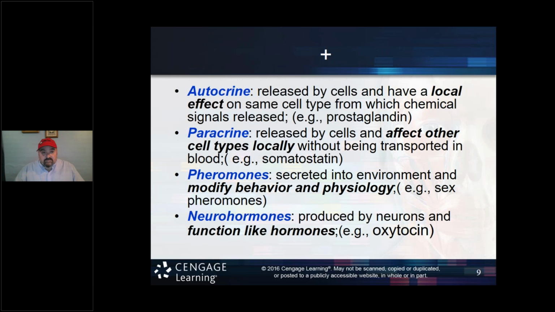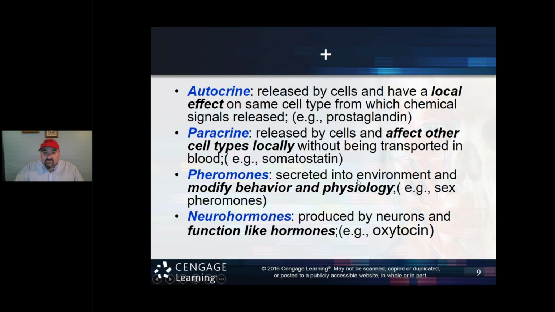Now here we're looking at different chemicals that are being released and produced within the human body. Okay, so you'll need to know these terms: know what an autocrine represents, what a paracrine represents. These two in particular keep together. And then also there are pheromones.